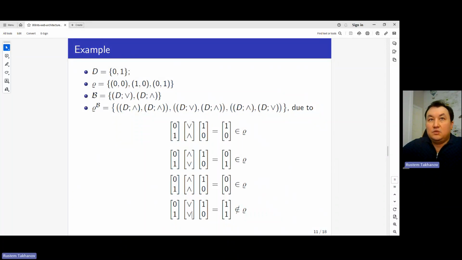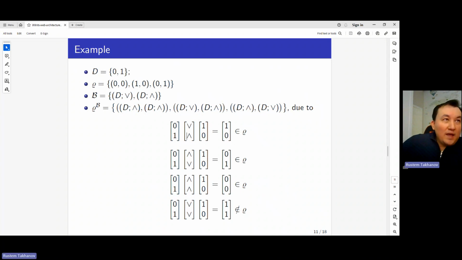But for all the rest, when you apply, for example, disjunction, conjunction to (0, 1) and (1, 0), the result will be (1, 0), and it will be from rho. So basically, in that example, rho superscript B looks very much like rho. You can identify 0 with conjunction, 1 with disjunction, and it will be almost the same thing as rho.